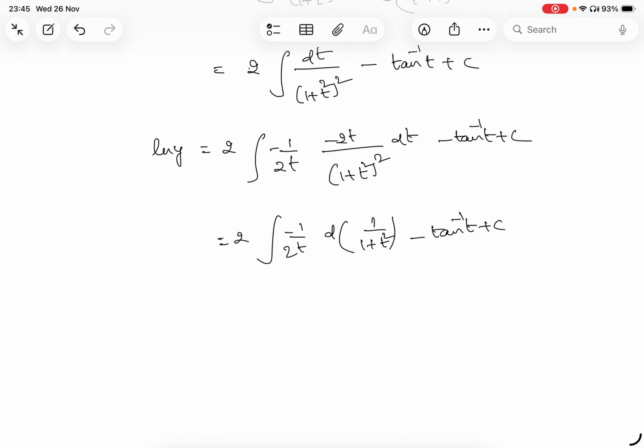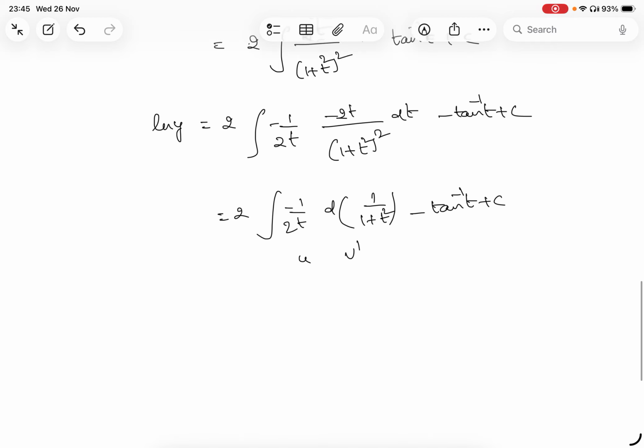Now this is in the form of integral u v dash, which is uv minus integral of u dash v. Fine. And this is ln y equal to 2 into uv, minus 1 by 2t into 1 plus t square. Then minus of u dash v.